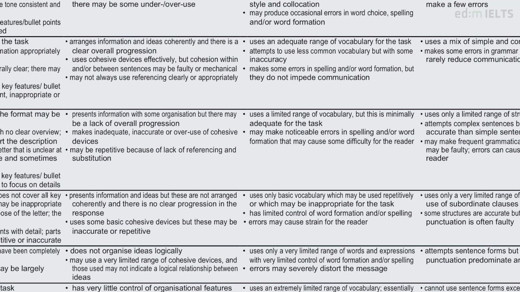Cohesion and coherence, 6 also, arranges information and ideas coherently. Yes. Clear overall progression, yes. But cohesion within and or between sentences may be faulty or mechanical. Not really mechanical, not repeating the same structures all the time. But faulty.